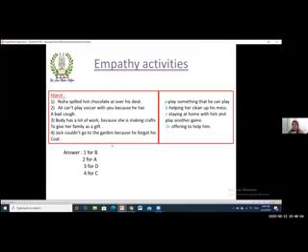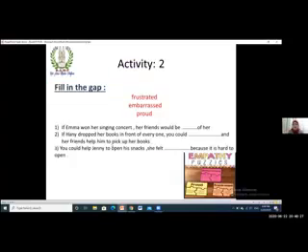Yes, this is a situation and this is the answer or the solution of this situation. Try to explain the situation for the empathy value, not only for the grammar or vocab. Okay, let's do activity 2.